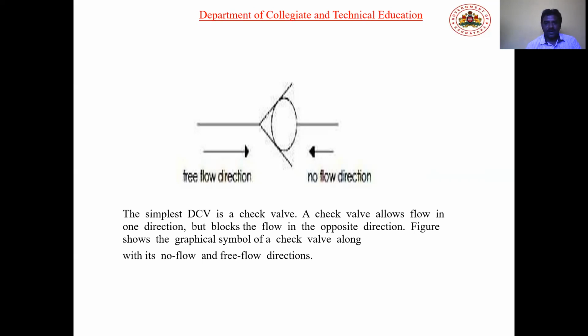In this way, a simple check valve allows flow only in one direction and blocks the flow in the opposite direction. This is the simplest check valve. This is the graphical symbol of a check valve, along with the no flow and free flow directions. Thank you.